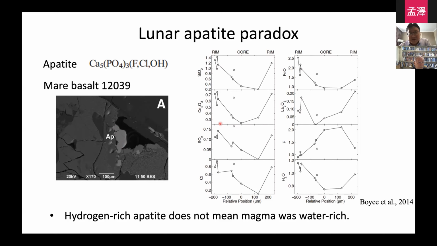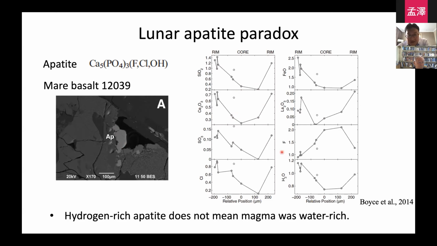They showed that these major elements are correlated with each other. Actually, we can understand that because of fractional crystallization. That's why these elements were correlated with each other.